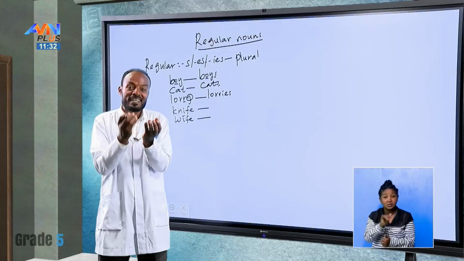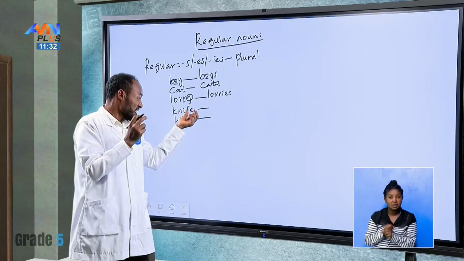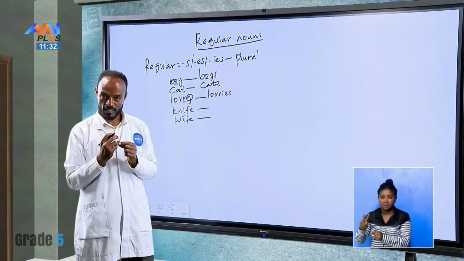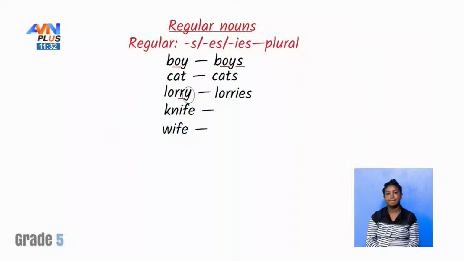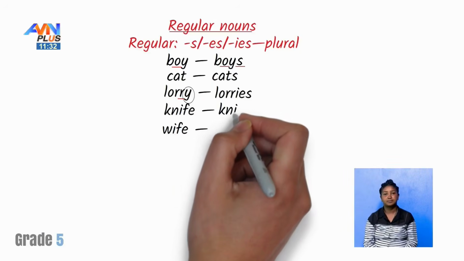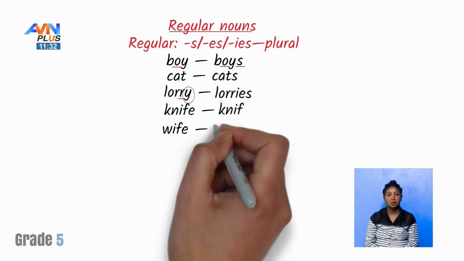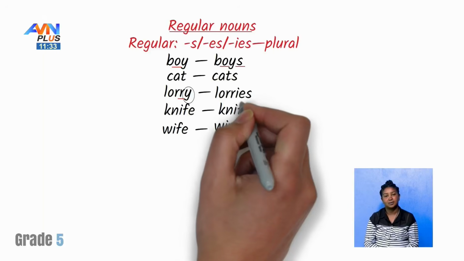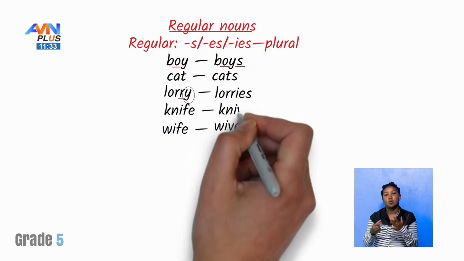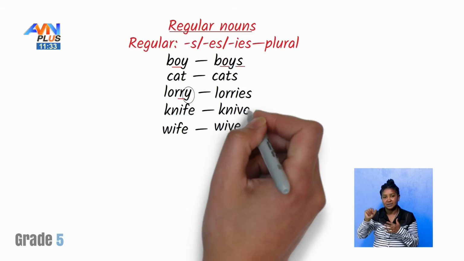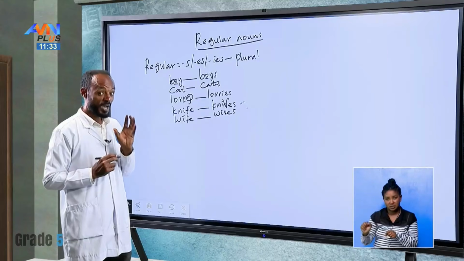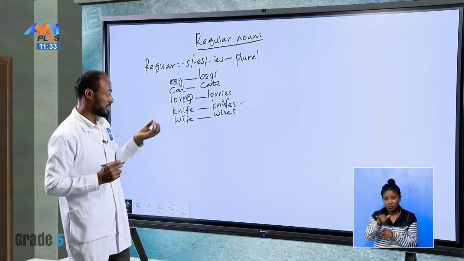Such words change F into V. Wife, wives. Then knives. Bear in mind, don't forget such kinds of concepts.